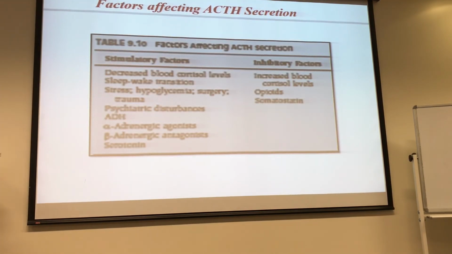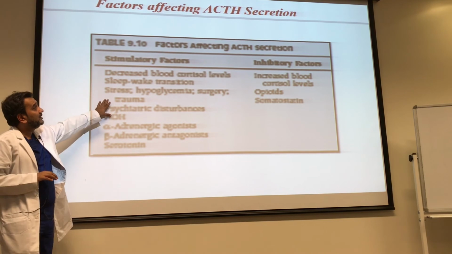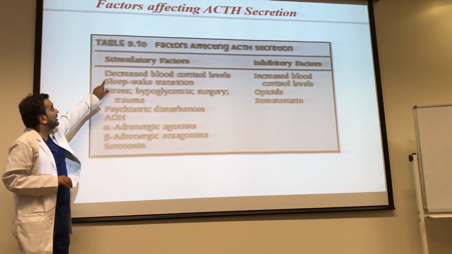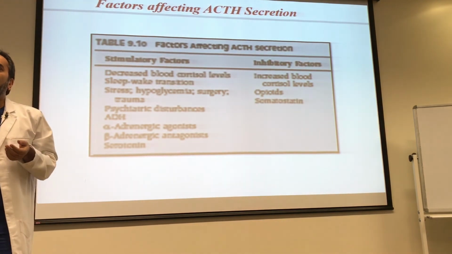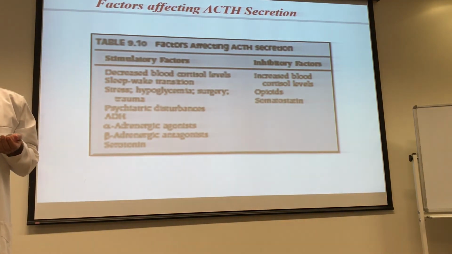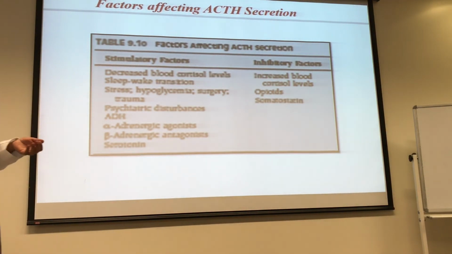So these are the factors which stimulate the ACTH secretion. One is decreased blood cortisol levels. If you have a low cortisol level, your ACTH levels are going to increase.